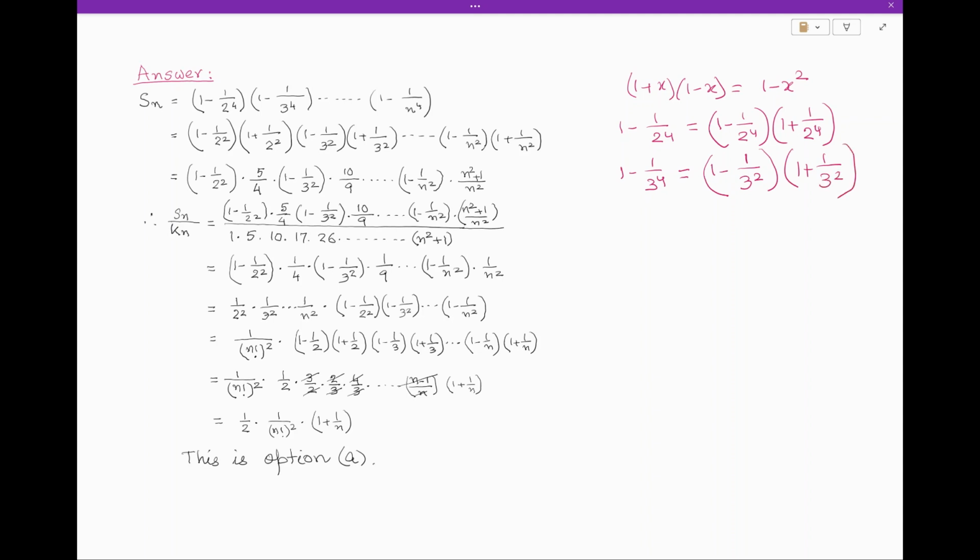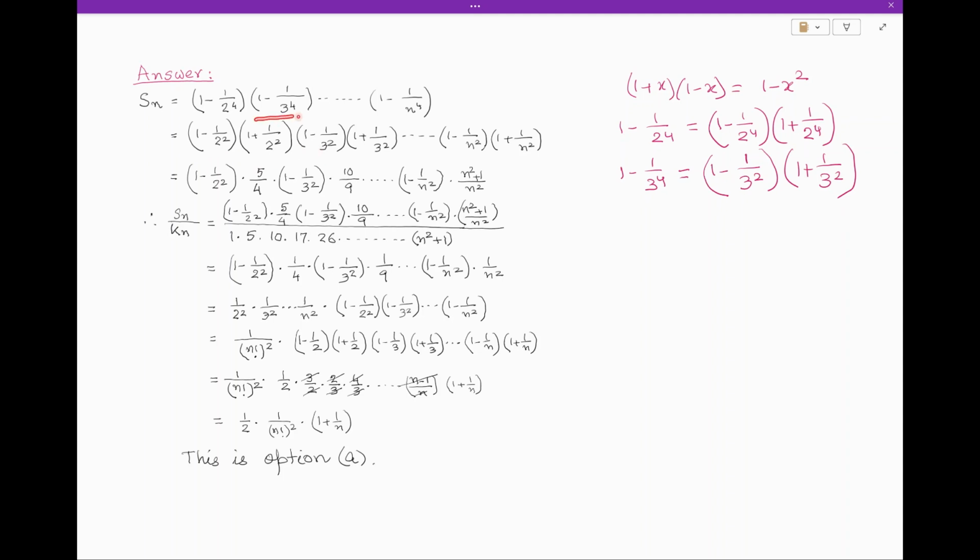We can do this for all the terms of Sn, and for each of these terms we get two terms. That is, 1 minus 1 by 2 to the power of 4 is equal to 1 minus 1 by 2 squared multiplied by 1 plus 1 by 2 squared.